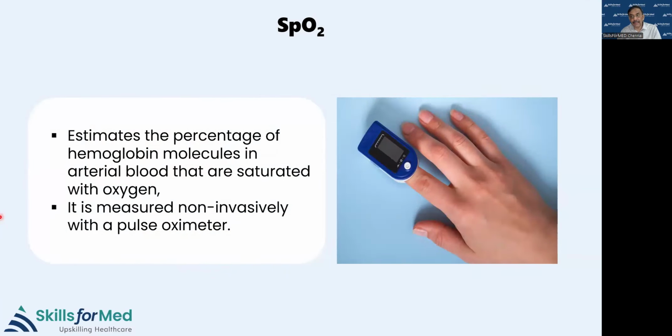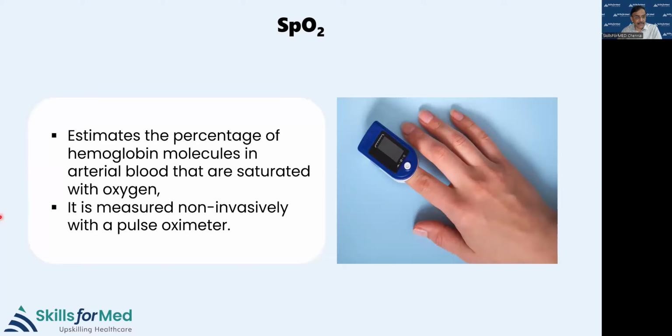So with that out of the way, we now know about type 1 and type 2 respiratory failure and what the targets to achieve are in this classification of patients. Now, the most common device used to monitor patients on supplemental oxygen is the pulse oximeter. I'm not going to go into details of how this works.